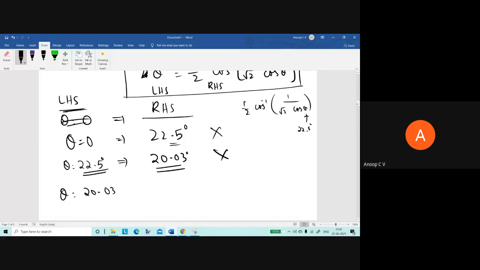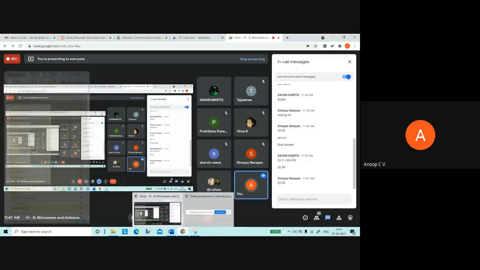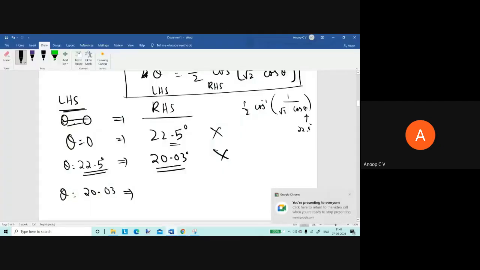Next time substituting 20.03, what will be the right hand side, that is half cos inverse of 1 by root 2 cos theta? 20.59, sir. 20.59, right?